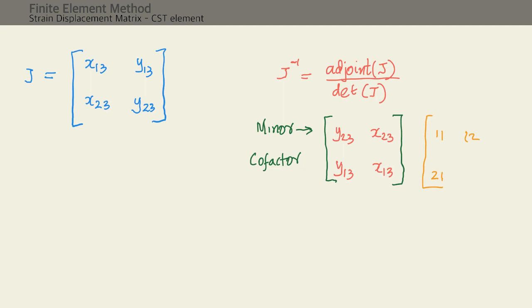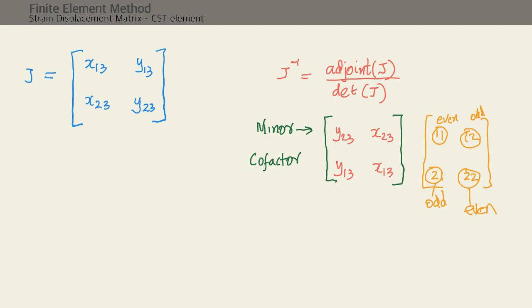Let me write the indices as 2, 2. If you sum the indices, this element will have an even number: 1 plus 1 is 2, which is even. This is 1 plus 2, which is 3, odd. The sum here is odd and the sum here is even.